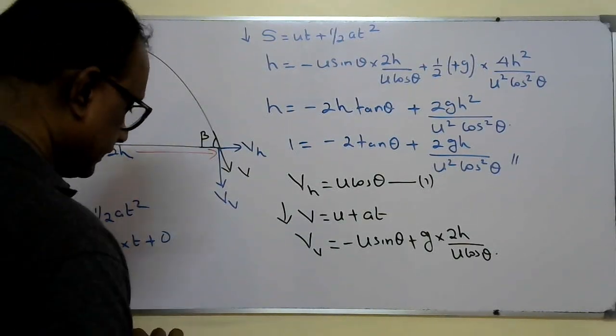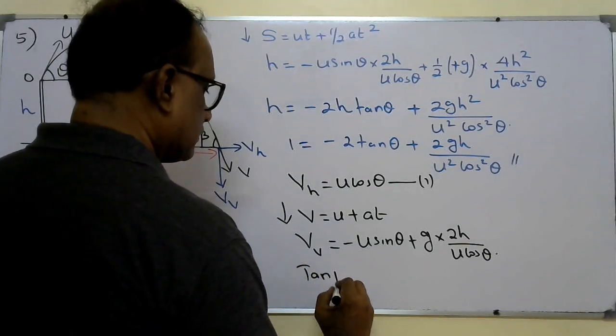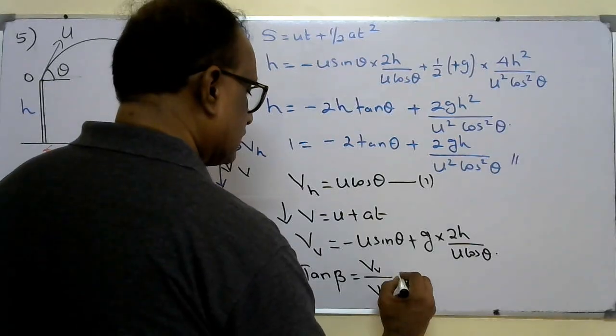So anyway, before that, tan beta I need to find. Tan beta equals VV over VH.